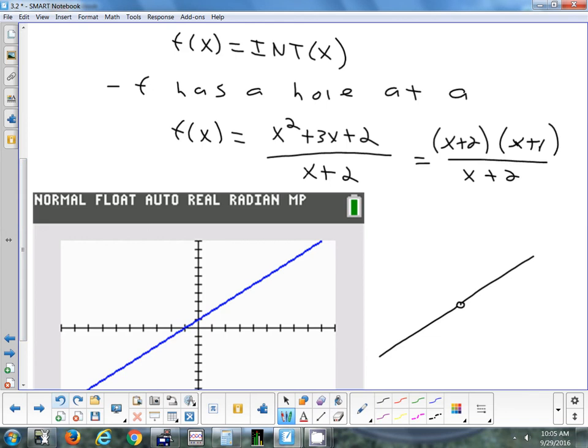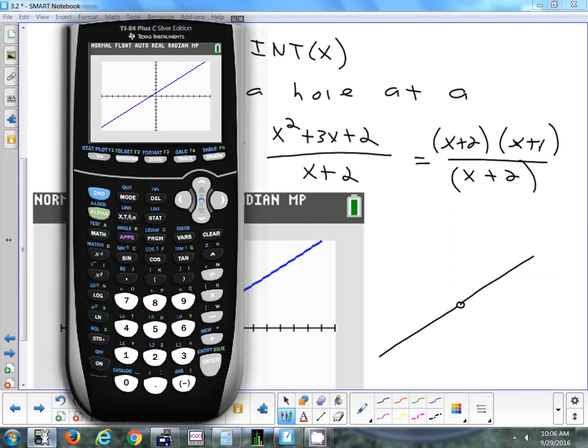Right? So because you have what's called a common factor in the numerator and the denominator, that's when you get a hole. So if I change the numerator, just a very small change, does the numerator factor to x plus 2, x plus 1 now?